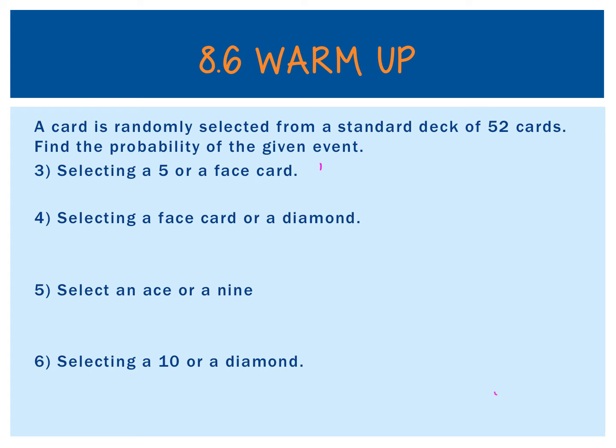So I find the probability of picking a 5 and I add it to the probability of picking a face card. There are 4 5s, so it would be 4 out of 52. And there are 12 face cards, so 12 out of 52. You can either reduce that and then simplify, or you can add and then reduce. It doesn't matter which order you do this in. So 4 goes into both of these. This would be 4 and 13.